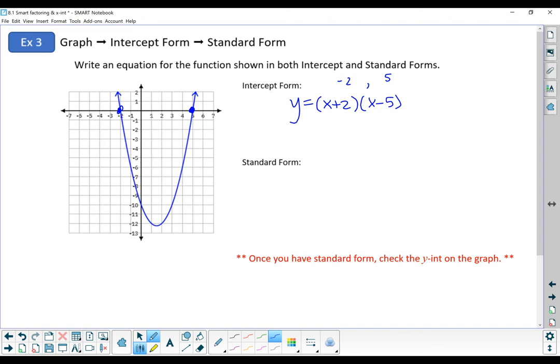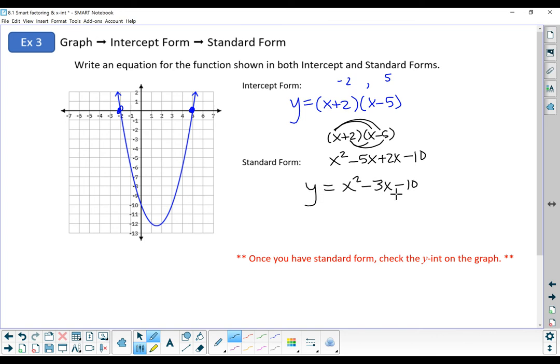Now to get standard form, we just need to multiply out our intercept form. So x plus 2 times x minus 5 is x squared minus 5x plus 2x, and then minus 10 at the end. So if we combine those two like terms, we get x squared minus 3x minus 10.